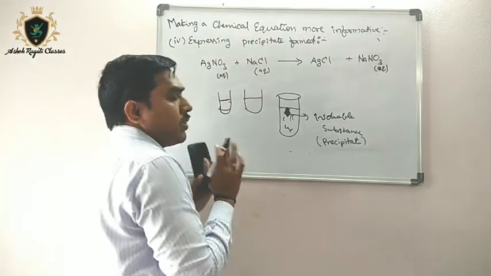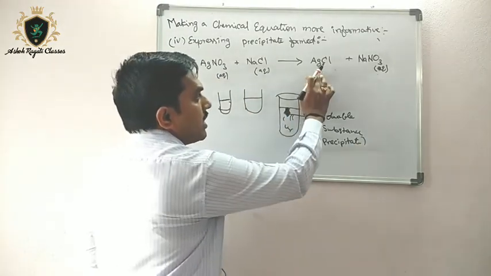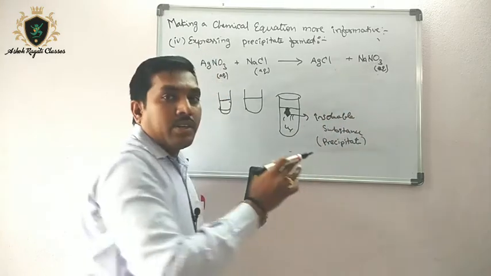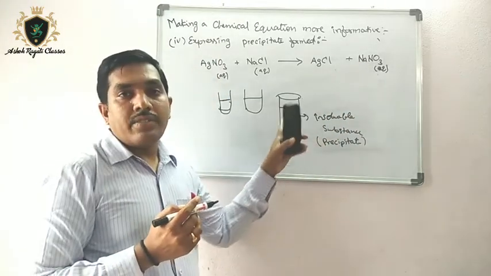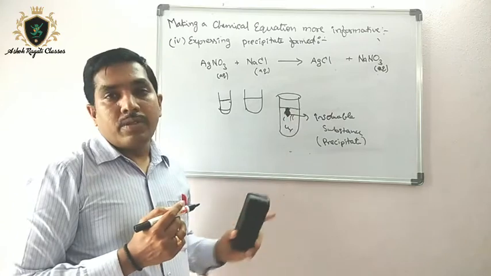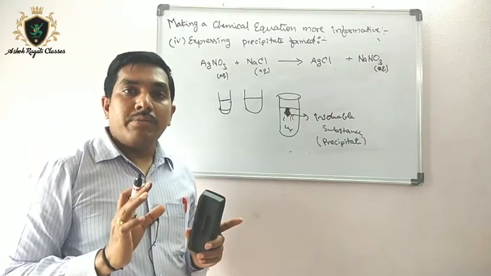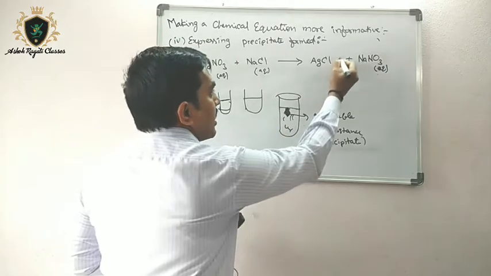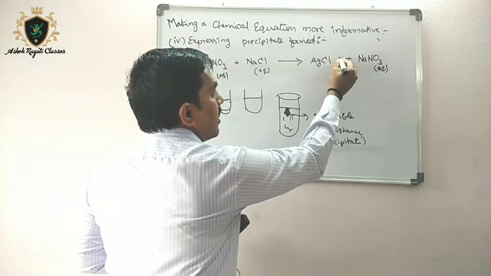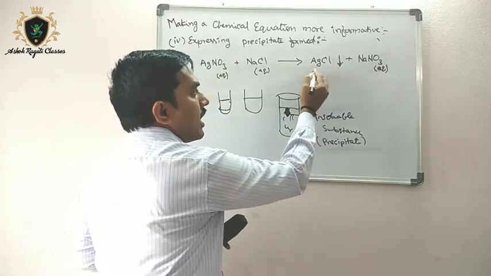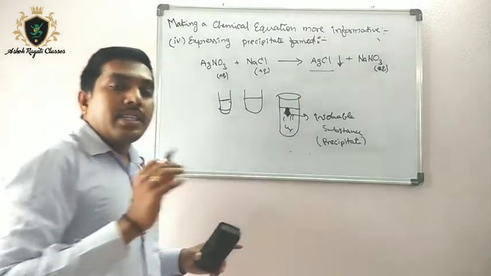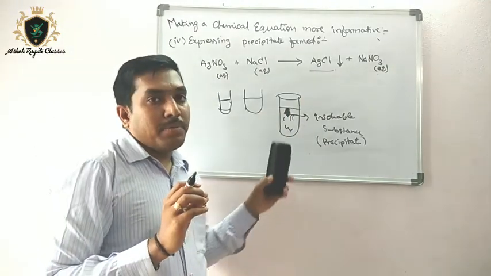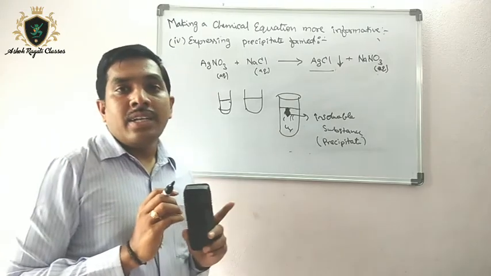Here AgCl is there, NaNO3 is there. We don't know which one is AgCl and which one is NaNO3. At that time, we have to clearly mention the precipitate with a symbol, and that symbol is the down arrow. Here it says that AgCl is an insoluble substance, or a precipitate, in this chemical reaction.